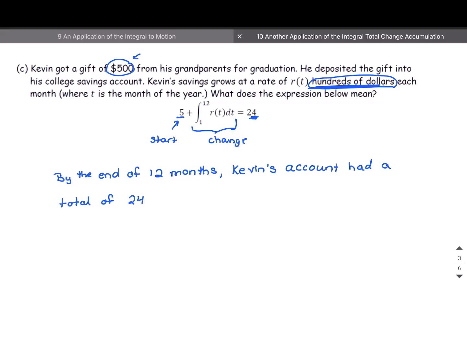So you could write 24 hundred dollars or make it $2,400 in the account.